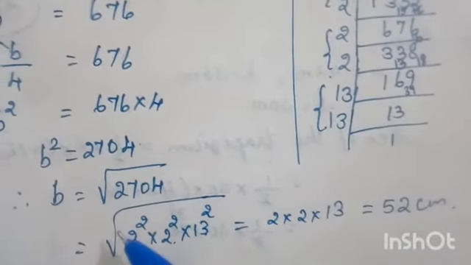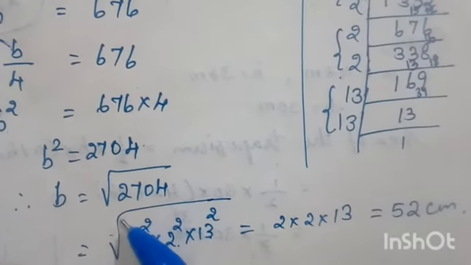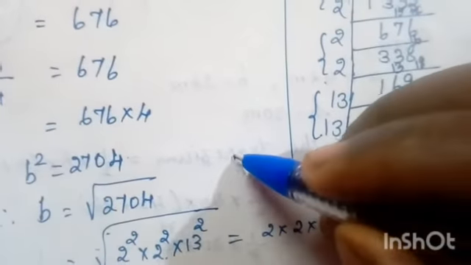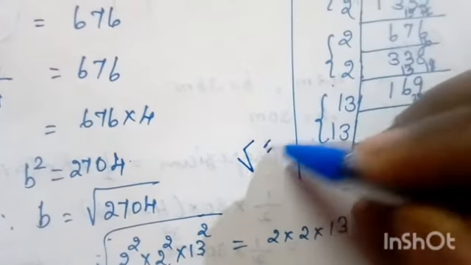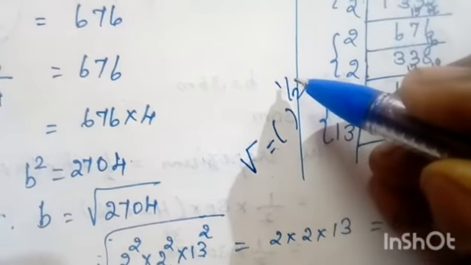So that is equal to the square root, and square and square root cancel. How do square root and square cancel? The root value is the power 1 by 2. Suppose you have root of 2 square, that means 2 square to the power 1 by 2.